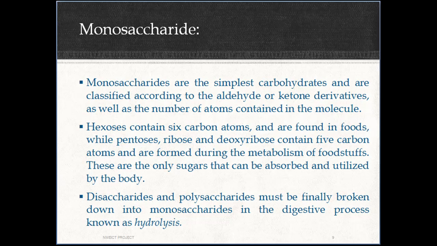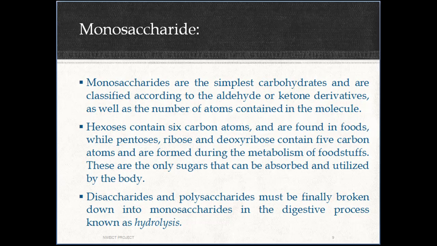These are the only sugars that can be absorbed and utilized by the body. All the disaccharides and polysaccharides must finally be broken down into monosaccharides in the digestive process known as hydrolysis. Examples of monosaccharides are glucose, galactose, fructose, ribose, glyceraldehyde.